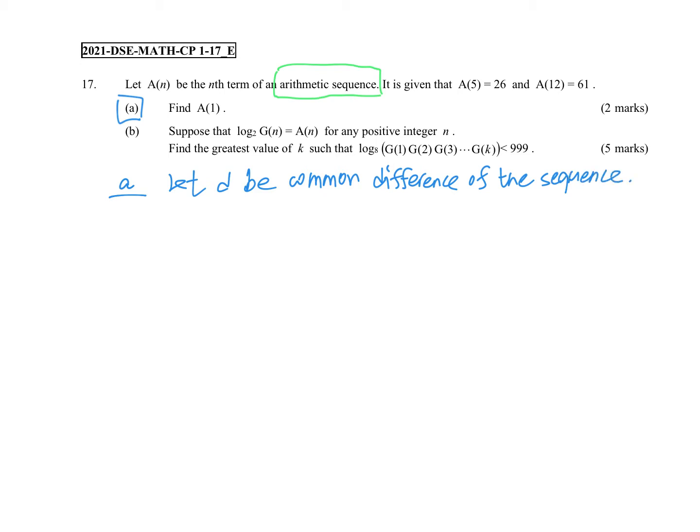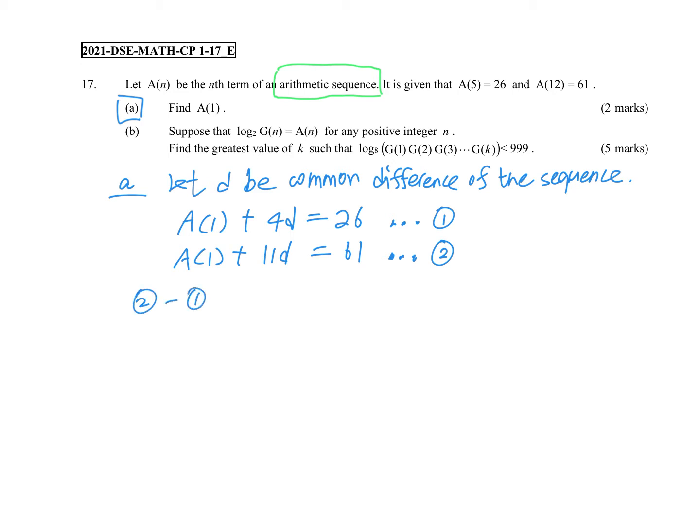So here we try to use the general term formula for an AS: a plus (n minus 1)d, so n would be 5. So that's why 4d equals 26. And then a1 plus 11d equals 61. So we got two equations, two unknowns.